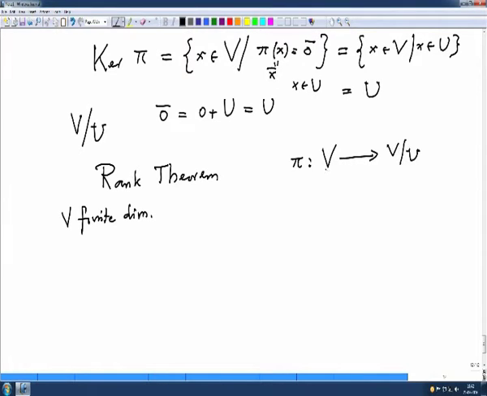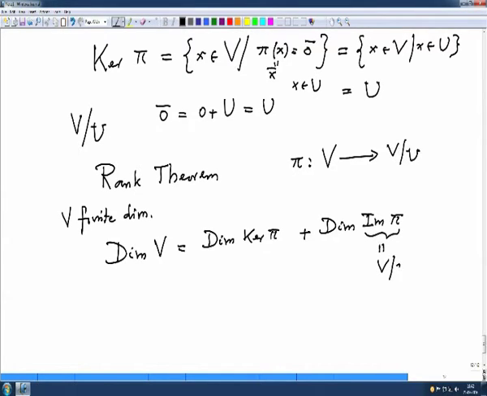Then we know the dimension of V equals the dimension of the kernel plus the dimension of the image. So, dimension of V equals the dimension of the kernel of pi plus the dimension of the image, but the image of pi is everybody because pi is surjective. This is V by U.